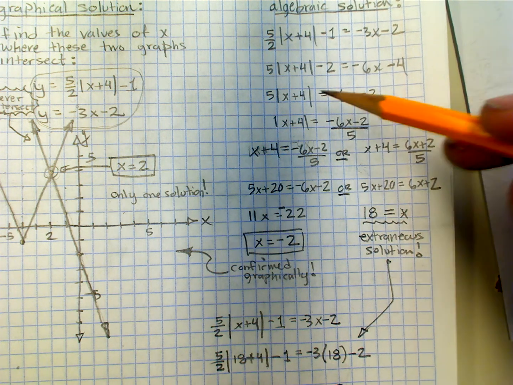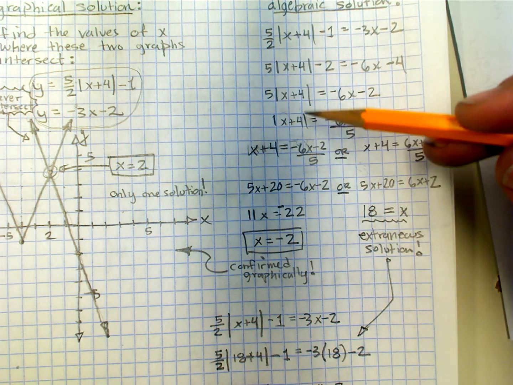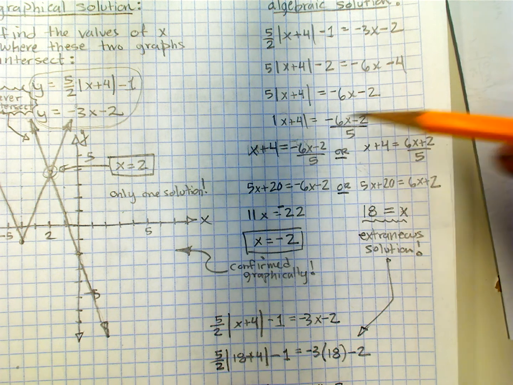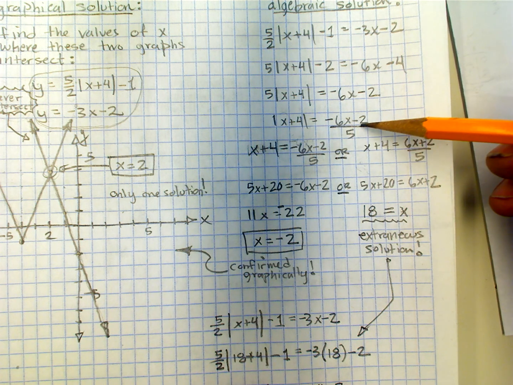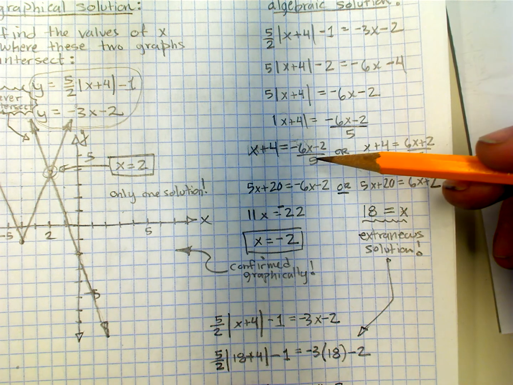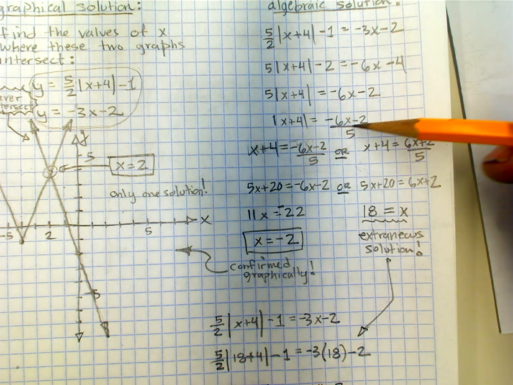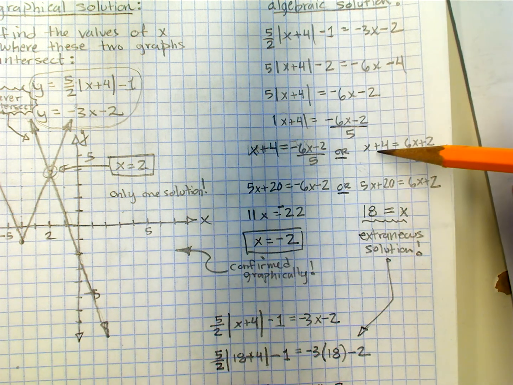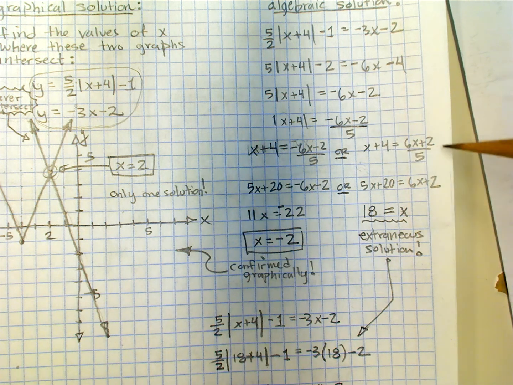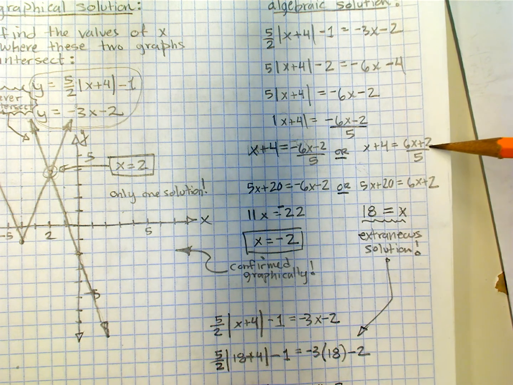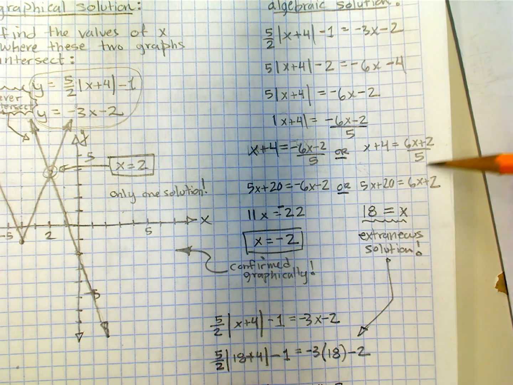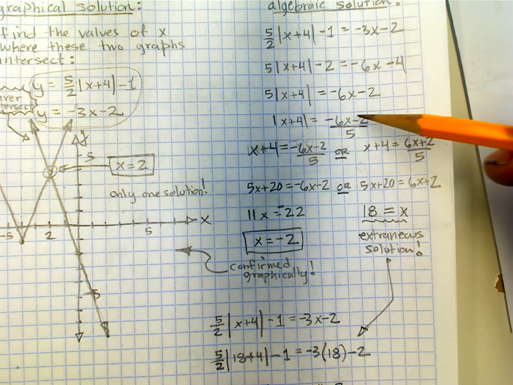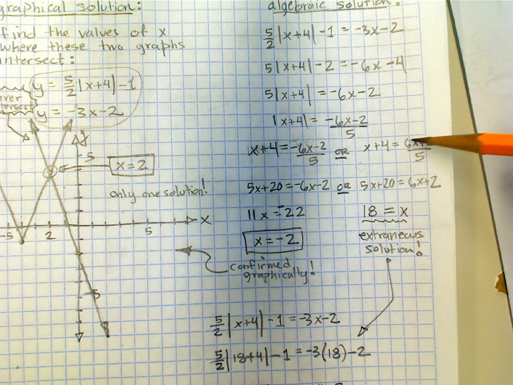And now my absolute value is isolated on the left-hand side of this equation. So I can split this into two separate equations. Here, I just take x plus 4 equals this right-hand side, or x plus 4 equals the negative of the right-hand side. And notice I just multiplied this thing by -1. That just resulted in all of these negative terms on the top of my fraction becoming positive.